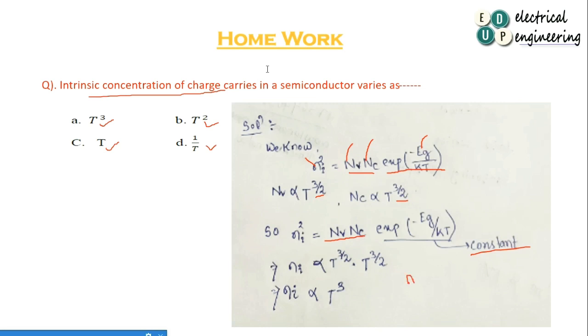Now Ni is directly proportional to temperature to the power 6 by 2, which is Ni is directly proportional to T cube. So here the correct option is option A.